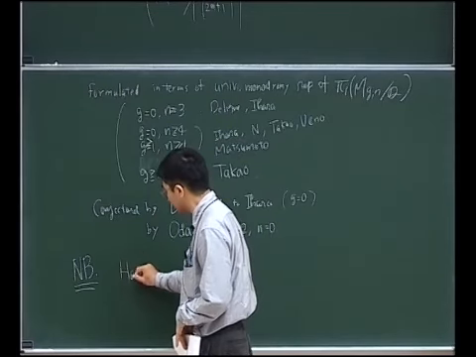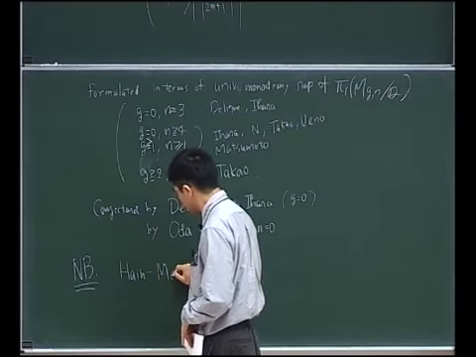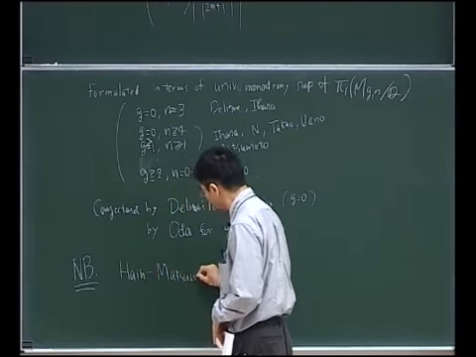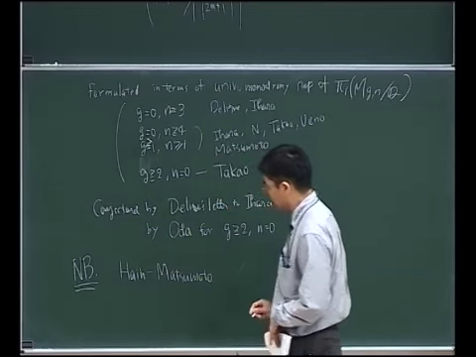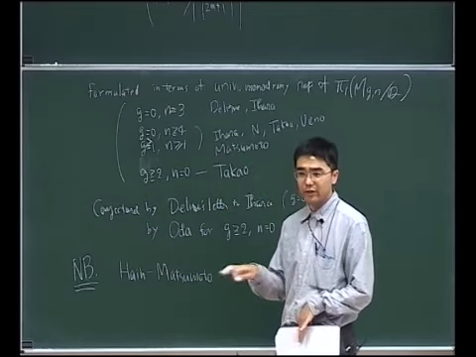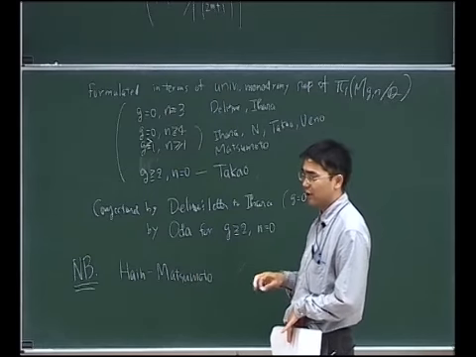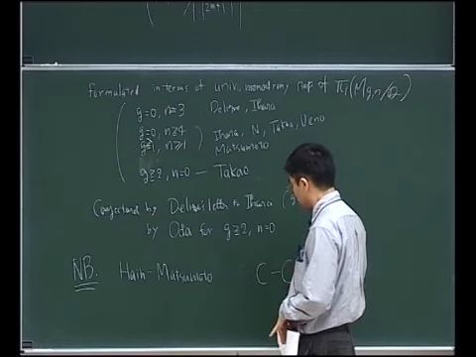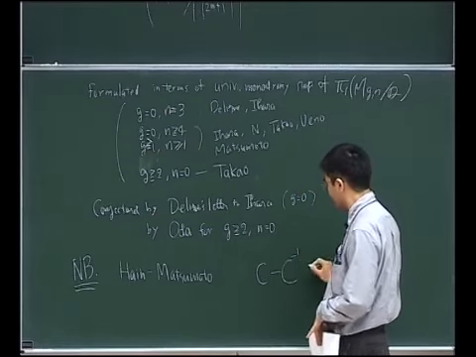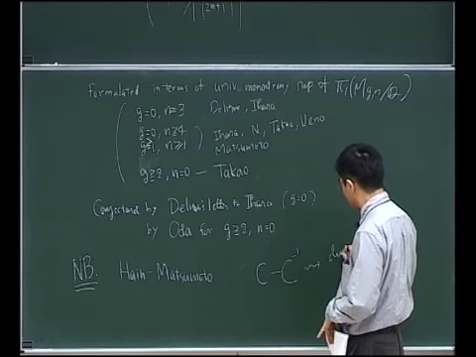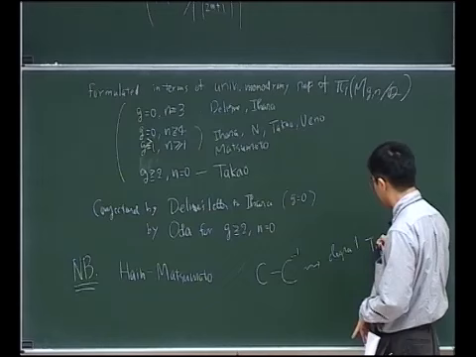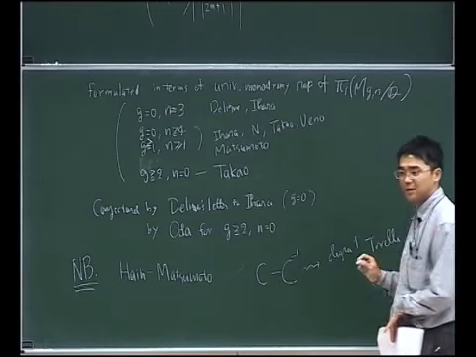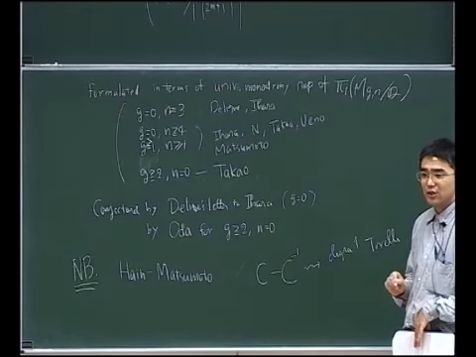Recently Hain and Matsumoto published a paper on the Torelli image of degree 1 coming from cycles, something like this.